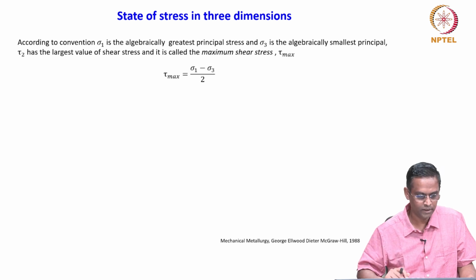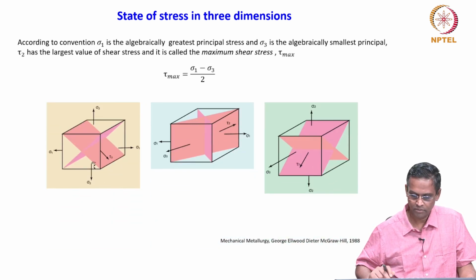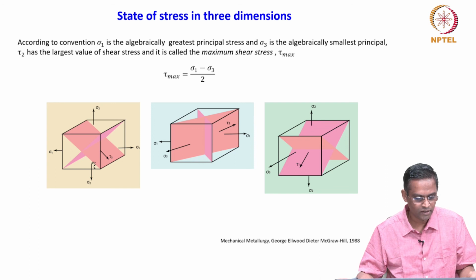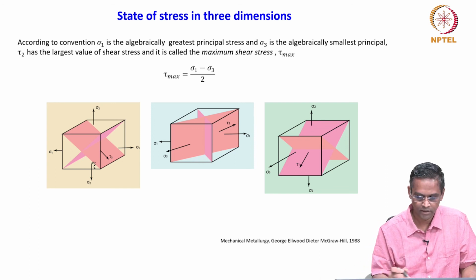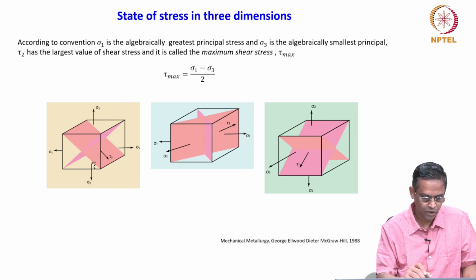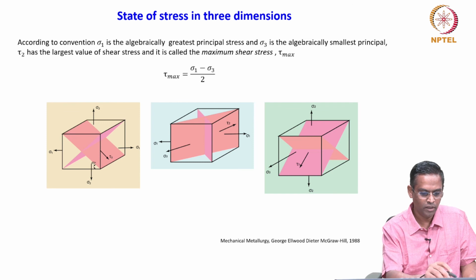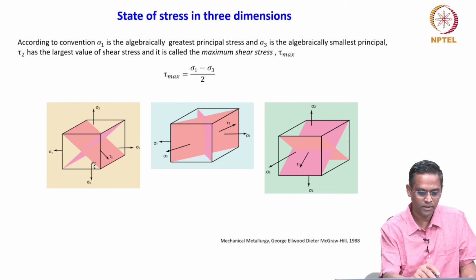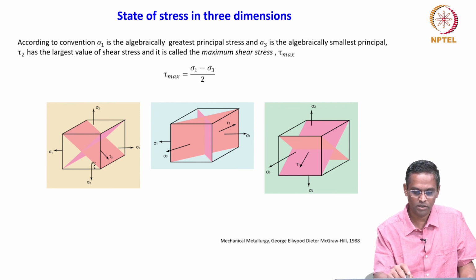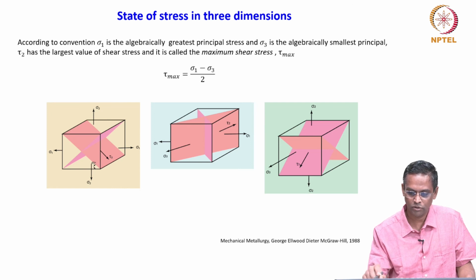We can put this in the form of graphs, and I will first show this and then we will talk. This is a pictorial representation of these planes. According to the convention we have already discussed, sigma 1 is the algebraically greatest principal stress and sigma 3 is the algebraically smallest.